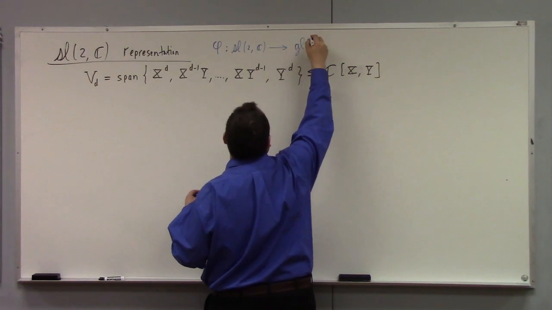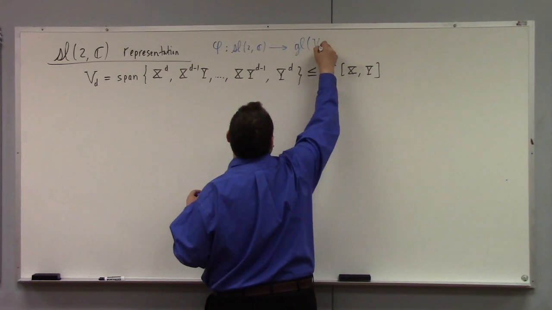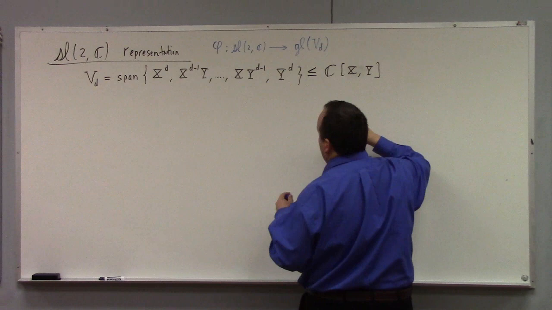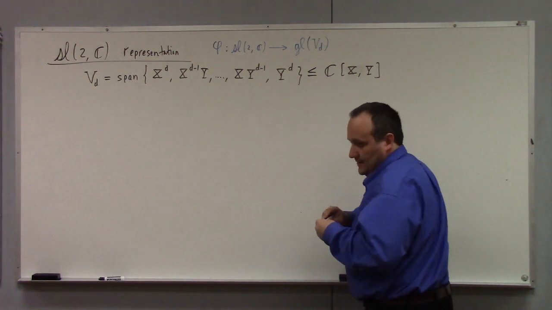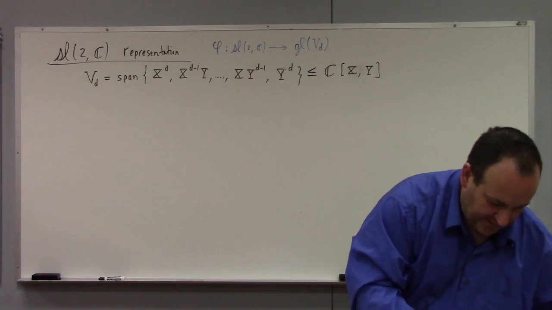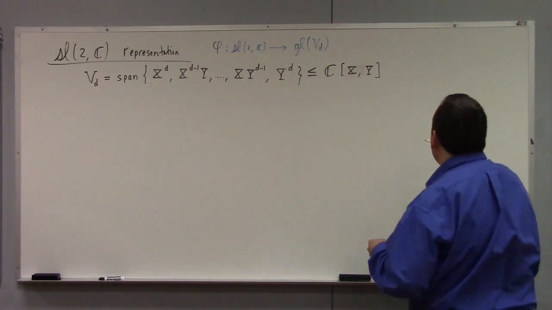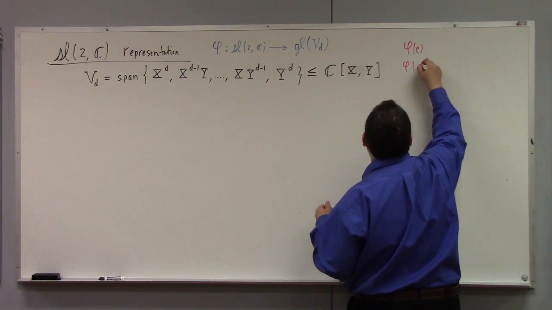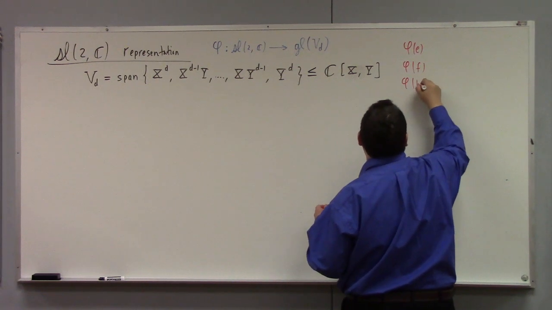Well, linear operators, of course, on this. That's what a representation is, right? So in order to do that, we needed to properly define what happens to E, what happens to F, and what happens to H, right? So like phi of E, phi of F, phi of H.